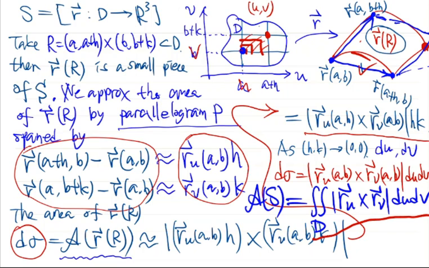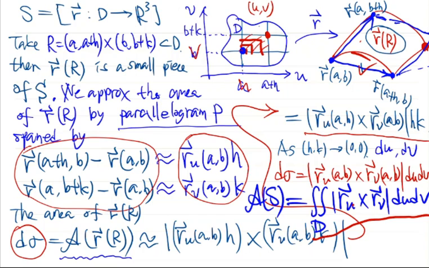r is a vector valued function of (u, v), so the partial derivatives of r with respect to u and v are still vector valued functions of (u, v). Their cross product is still a vector valued function, but taking the norm gives a real valued function.